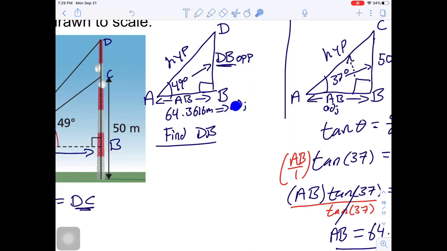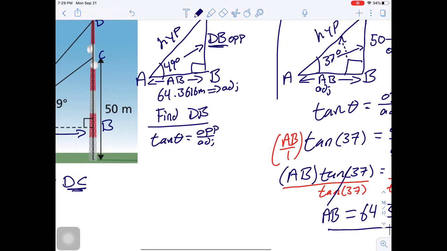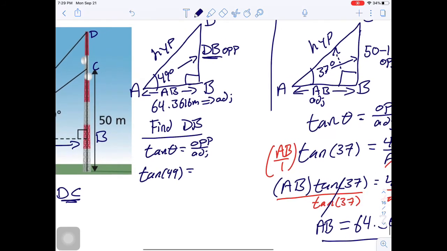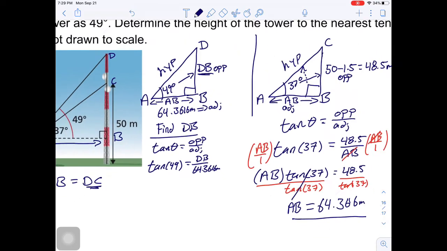What relates opposite and adjacent? Well, we just said that's tan. Tan equals opposite over adjacent. So now we can plug in our tan 49. Our opposite is our D to B, and our adjacent is 64.3616.